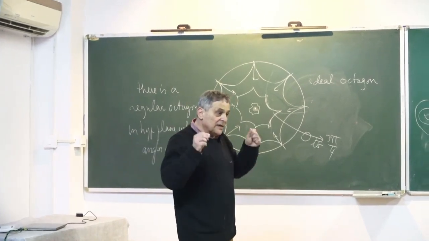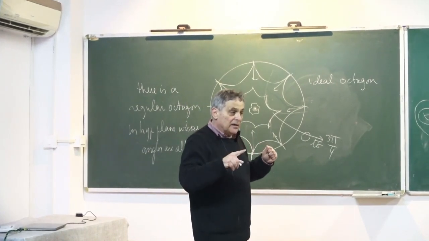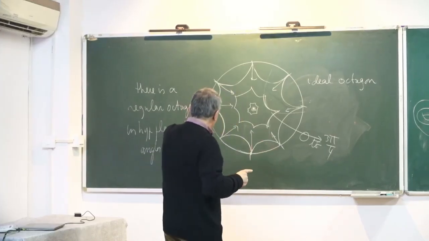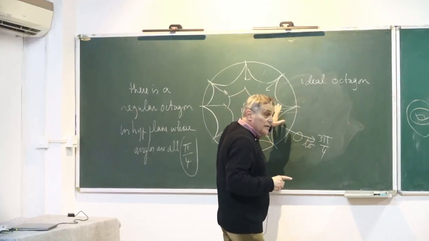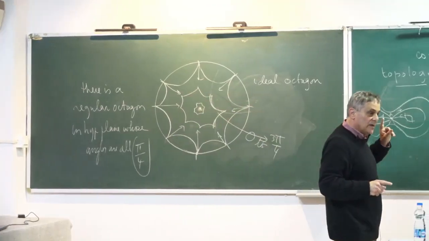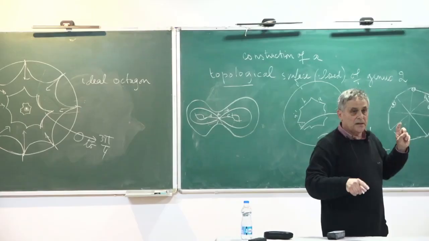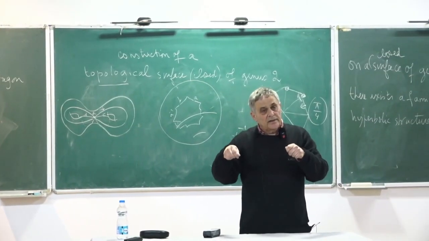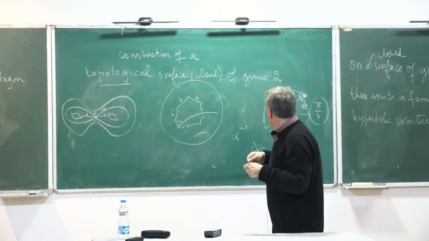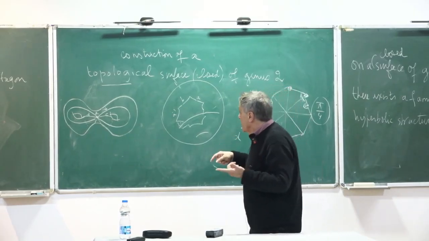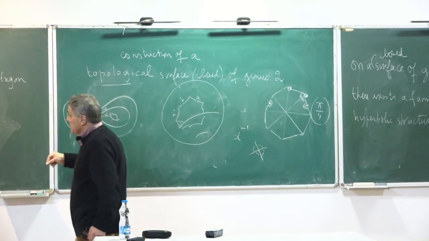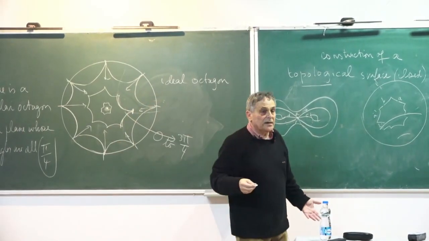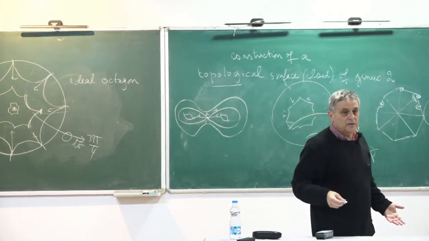I vary the sides, but I keep the sum of the angles. He is right in stressing on this. Of course I want the sum of the angles around this resulting point on the surface to be equal to 4 right angles, to 2 pi.